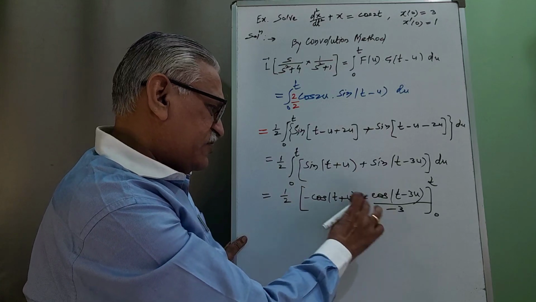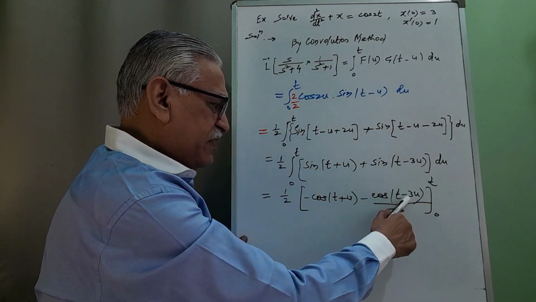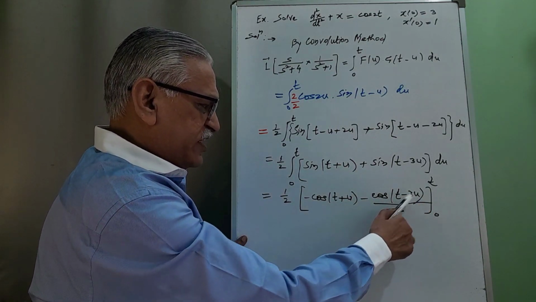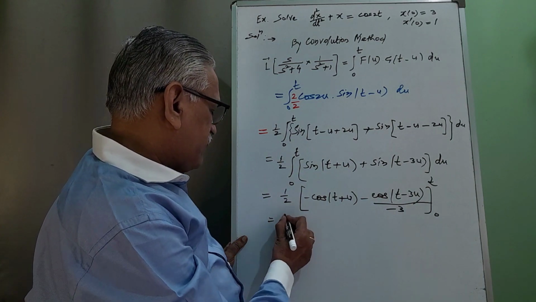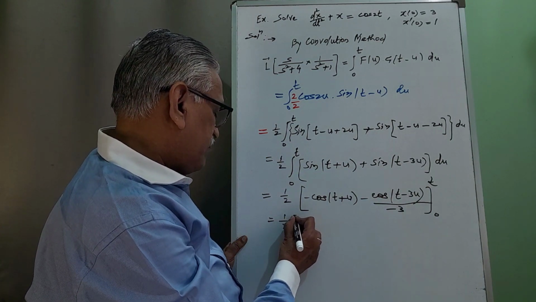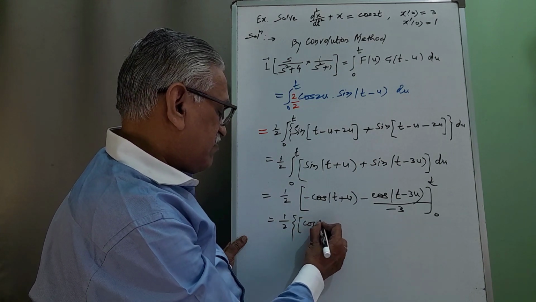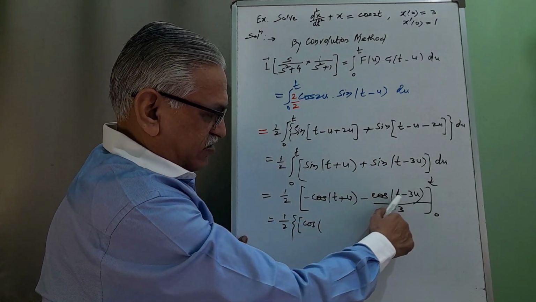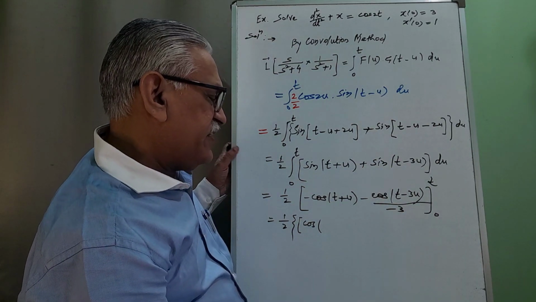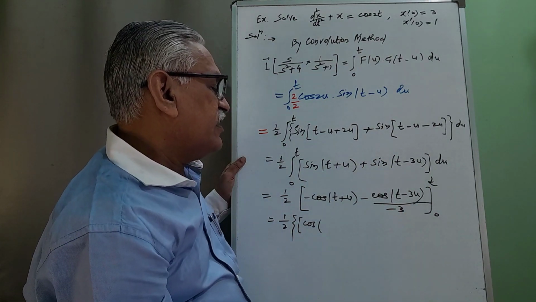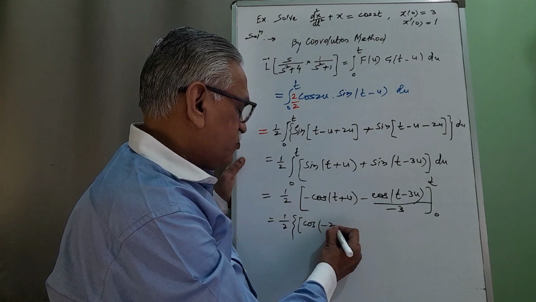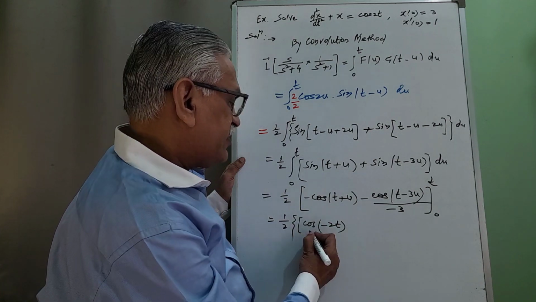This becomes minus minus plus. Therefore, substituting the upper limit for u as t, it becomes cos of t minus 3t, t minus 3t, nothing but cos of minus 2t by 3.